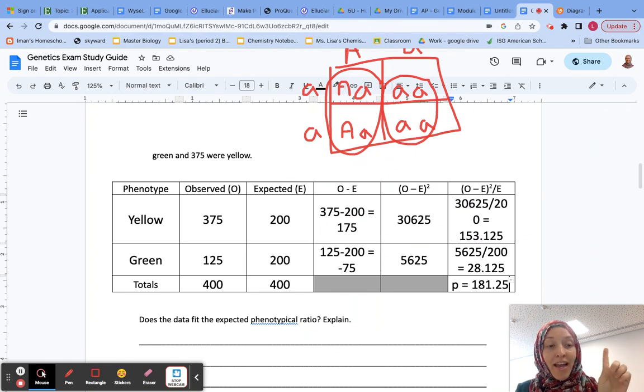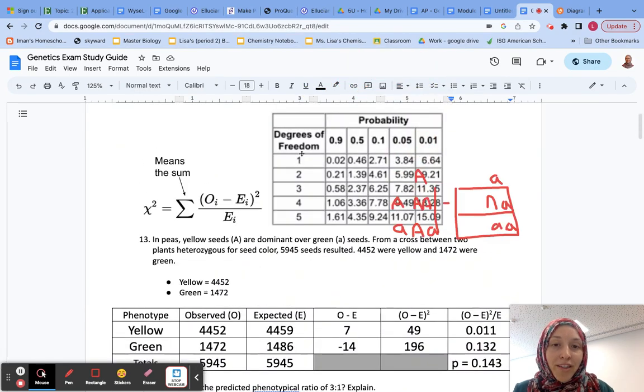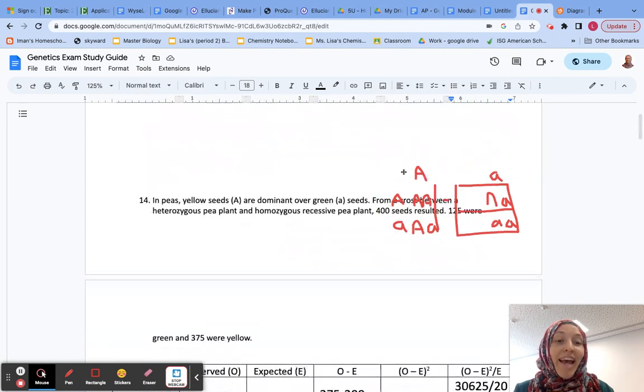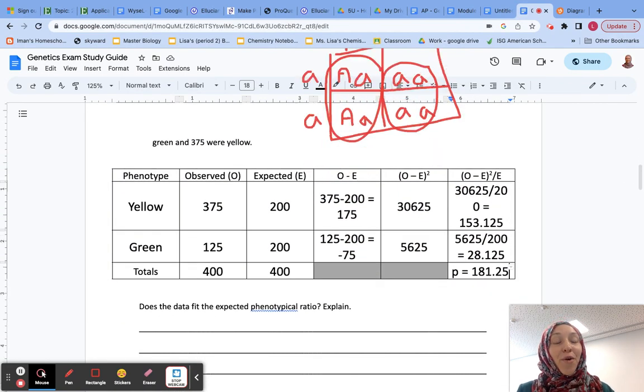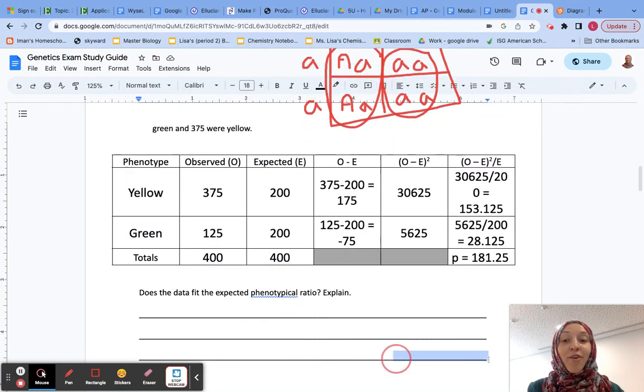Okay, and how many degrees of freedom do I have? My number of phenotypes minus 1. I have 1 degree of freedom. With 1 degree of freedom, 0.05 is only 3.84, and my value is 181. So does our data fit the expected phenotypic ratio?